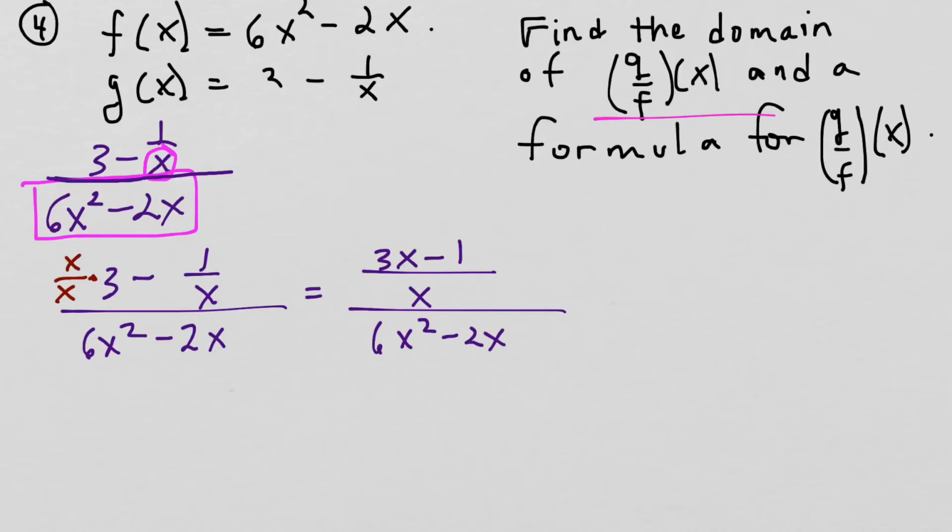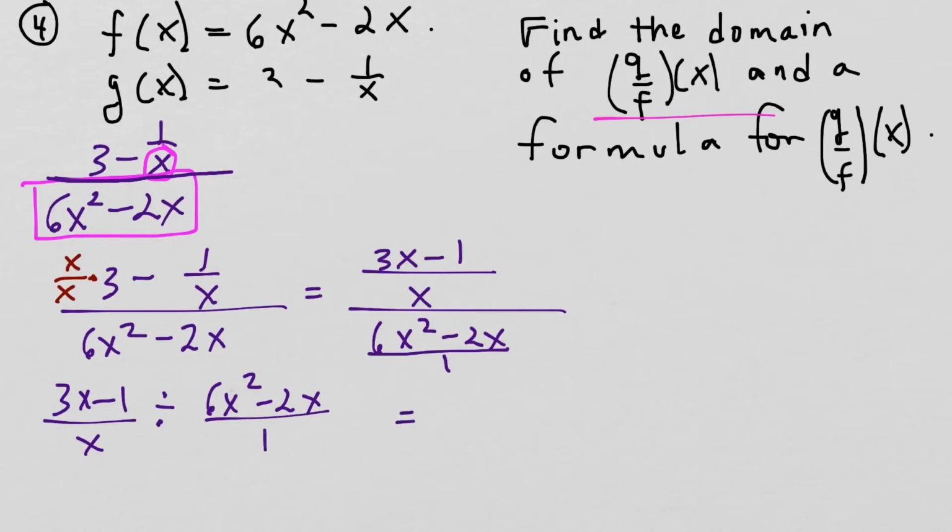All right, so that's 3x minus 1 over x divided by, so this is over 1 here, divided by 6x squared minus 2x over 1. Now, remember when you divide fractions, you want to change it to multiplication and flip the second fraction and then simplify.